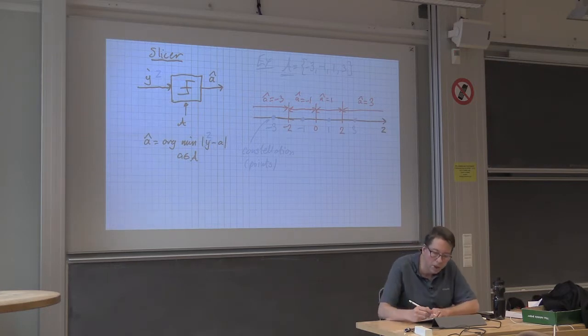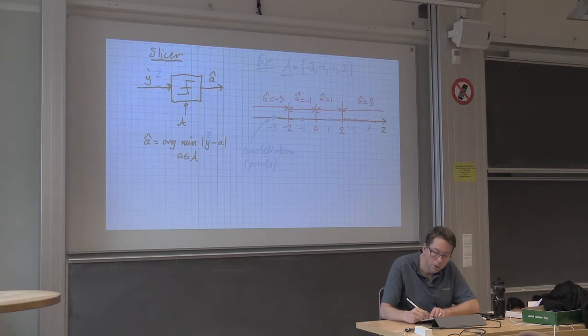These regions, for instance the region here: all points on the z-axis which are mapped to a specific decision are called the decision region for that constellation point.